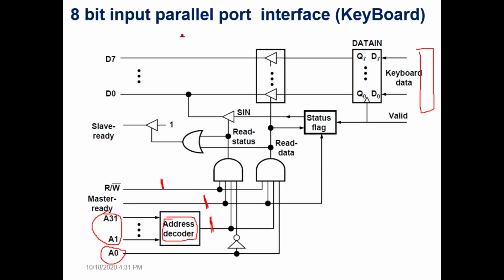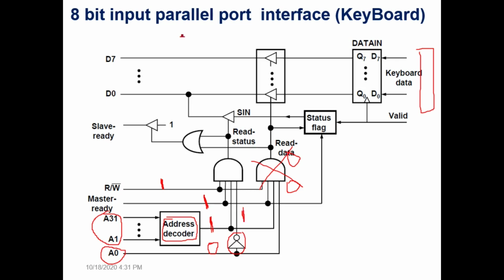So now if the processor wants to read the status, then it makes A0 as 0. That means 0 is given as input to the second AND gate, so the second AND gate output will be 0 irrespective of the other inputs. But the same A0 is passed to the NOT gate here, so the output will be 1.